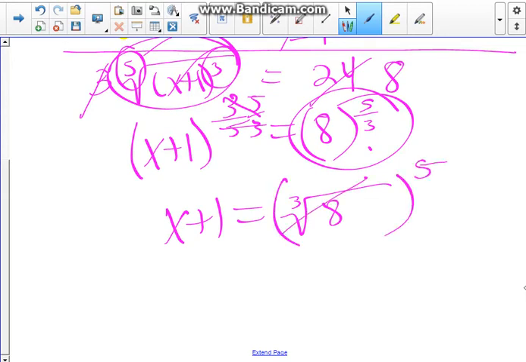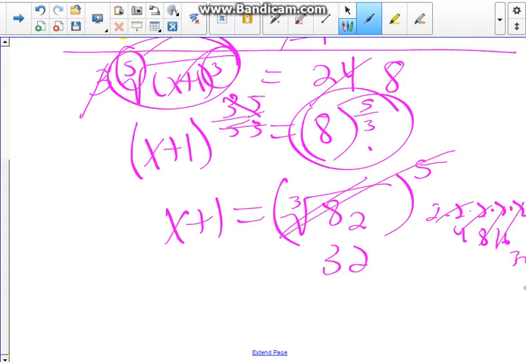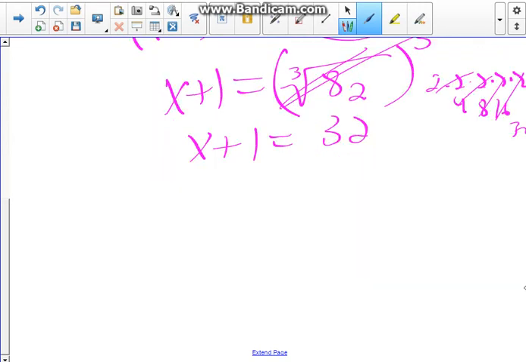So cubed root of 8 is 2. 2 to the 5th power becomes 2 times 2 times 2 times 2 times 2. So that's 4 times 2 is 8, 16 times 2 is 32. So this becomes 32. x plus 1 equal 32. Subtract 1 from each side, and I get that x equals 31.